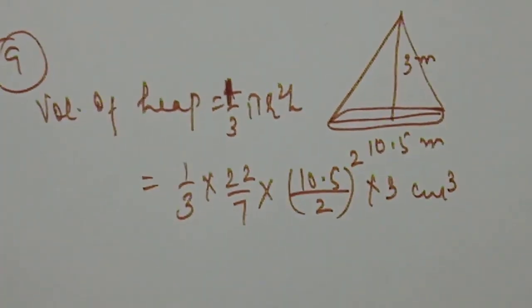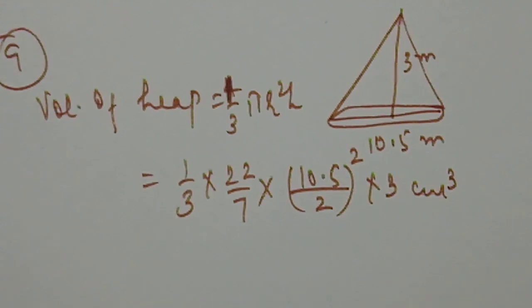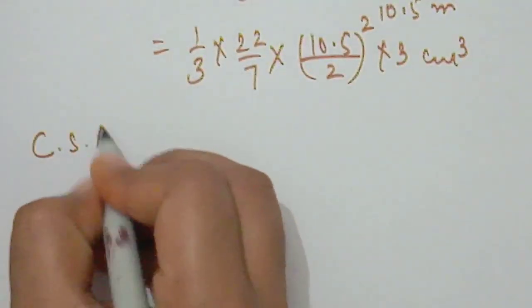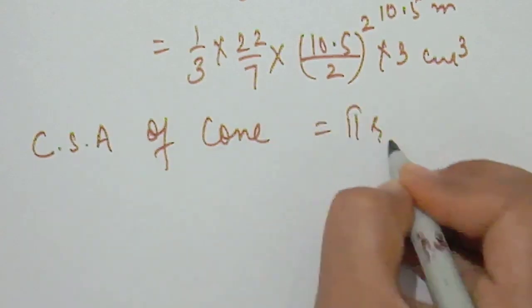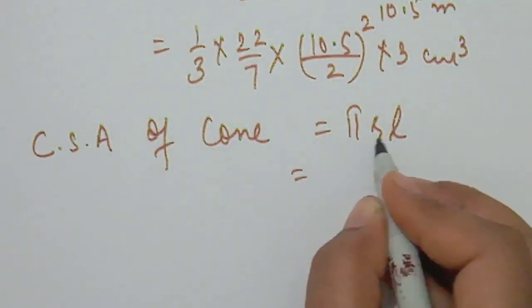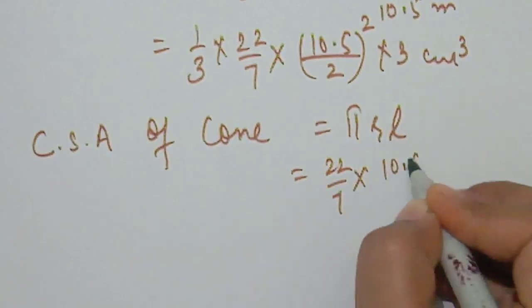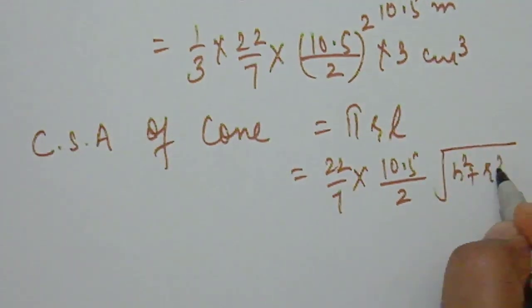Now he said the second part of the question: the heap is to be covered by a canvas to protect it from the rain. Find the area of the canvas required. For the canvas, we have to find the curved surface area of cone, which is pi r l, so it is 22/7. R is 10.5 divided by 2, and l is the square root of h square plus r square.